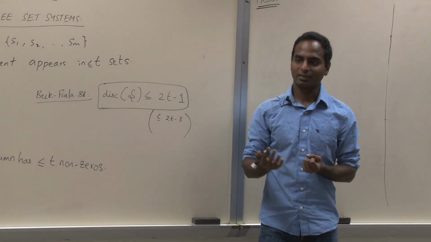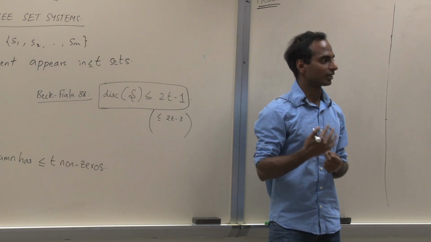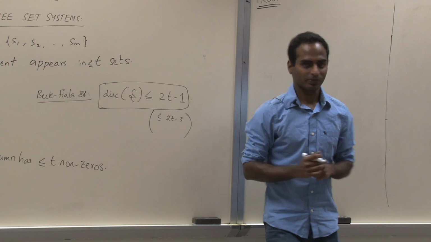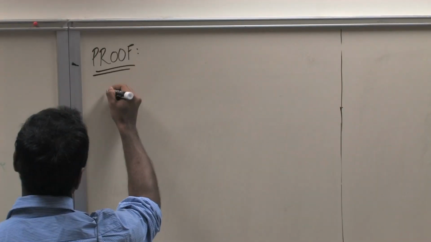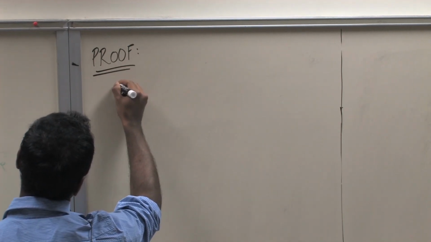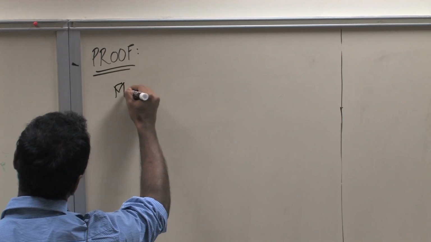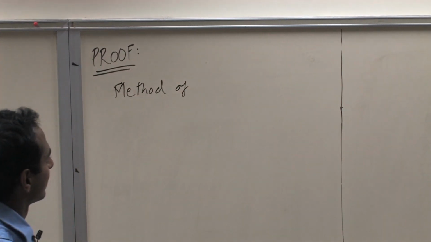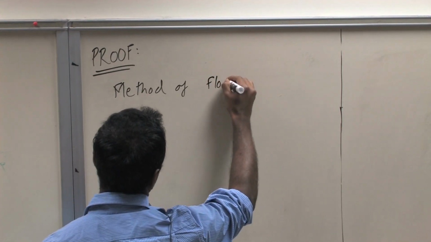We will give an algorithm which will actually find the coloring and hence prove that there exists such a coloring. So it's a constructive proof in that sense. What's the proof? It's called the method of, well, this is somewhat of an informal term really, of floating variables.